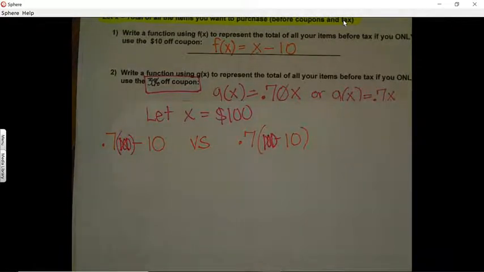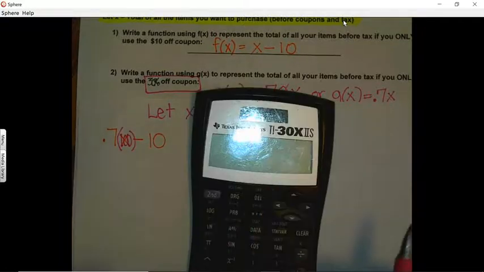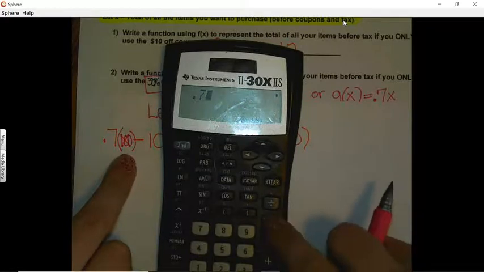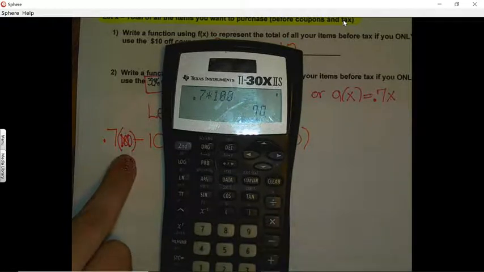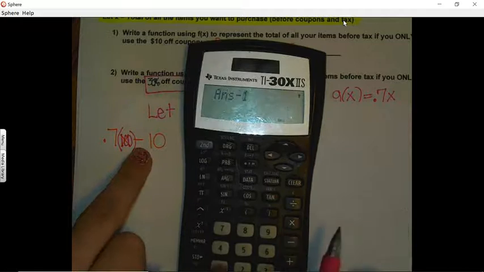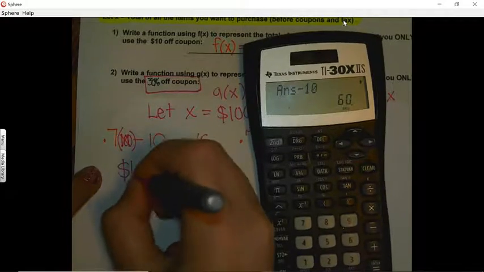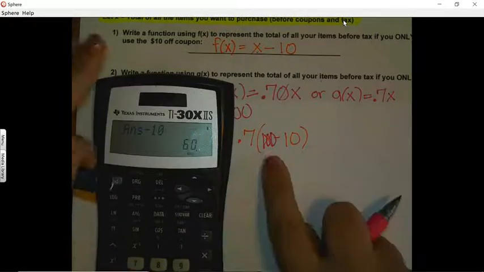let's go ahead and calculate this. So this would take off this 30%, so 0.7 times 100, that would be $70 minus the $10, so they would do the $10 after. That would mean if you spent $100 after the coupons, you're only paying $60. Let's see what happens here.